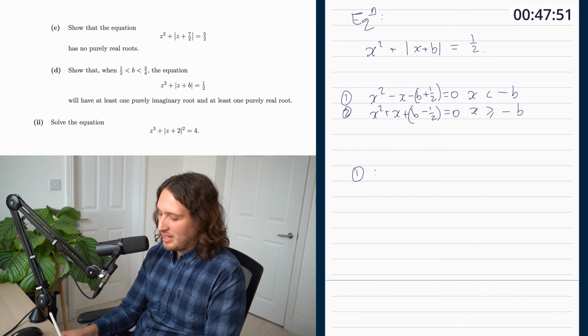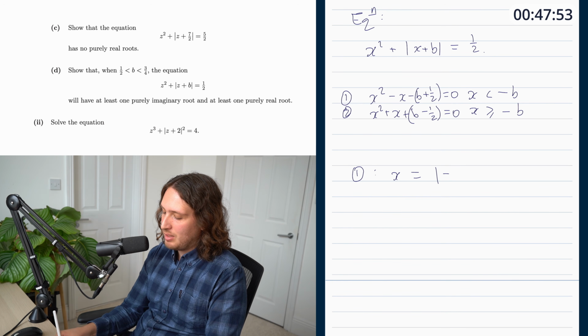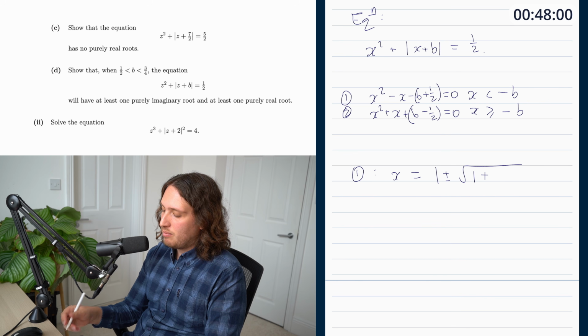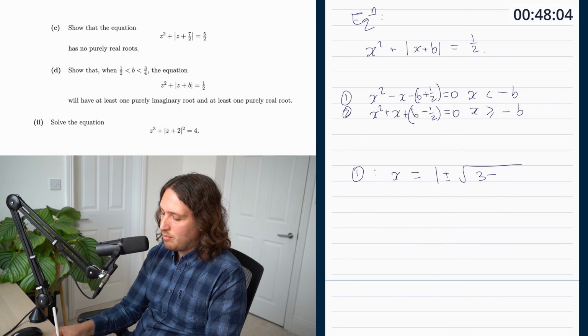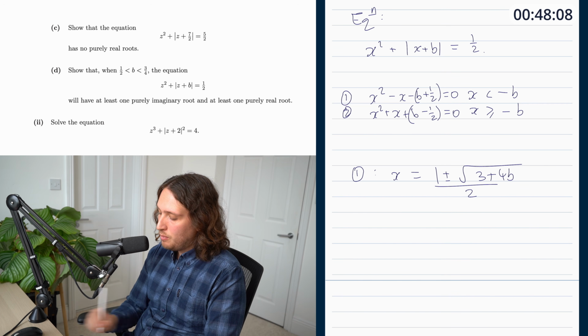So what does case 1 solve to give? x is 1 plus or minus the square root of b squared minus 4ac. So that's going to be plus 4b plus 2. So I get 3 plus 4b over 2.